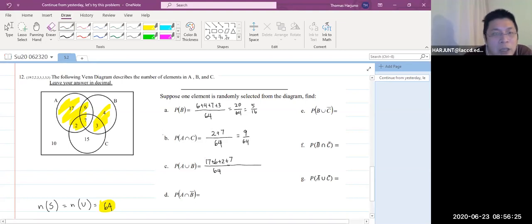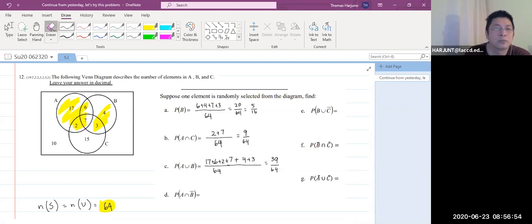I get the ones from A, 17 plus 6 plus 2 plus 7, plus those in B that had not been counted, 4 plus 3. Okay, now when I add them, 10, 22, 39 over 64. Now, how about part D?